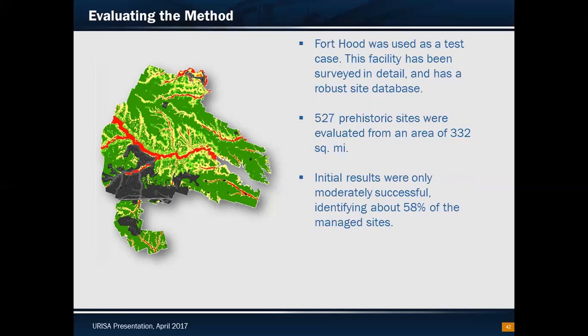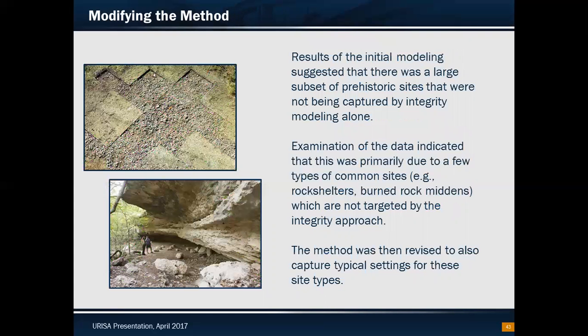So I retrenched and looked at what those 40% of sites looked like. What were they? And I also had the serendipitous good fortune of having worked on Fort Hood, so I understood what was going on and what the sites were like, and I was able to identify a couple of different major site types that we were missing.